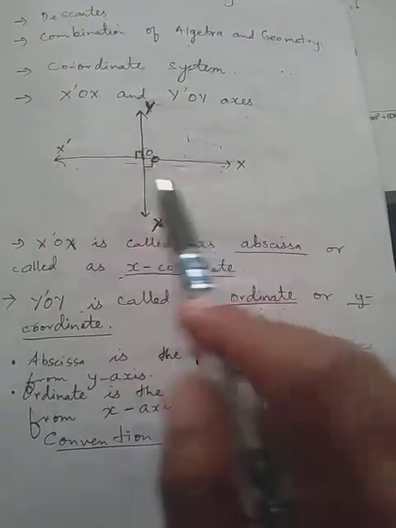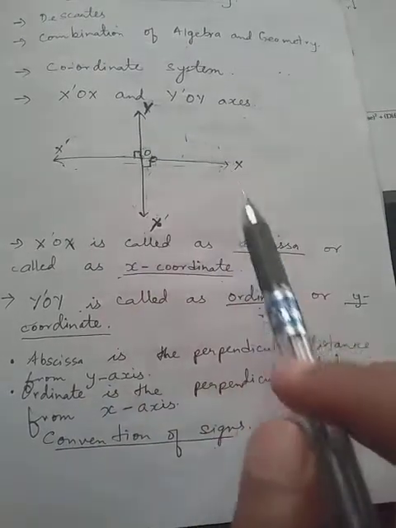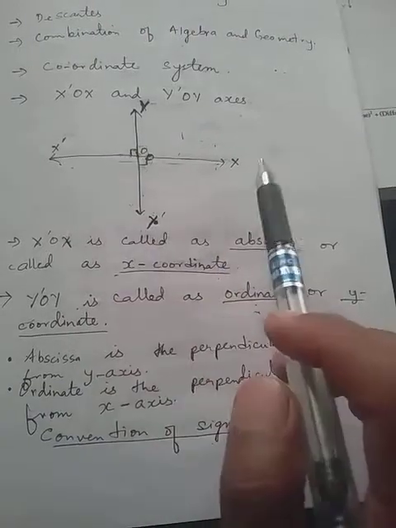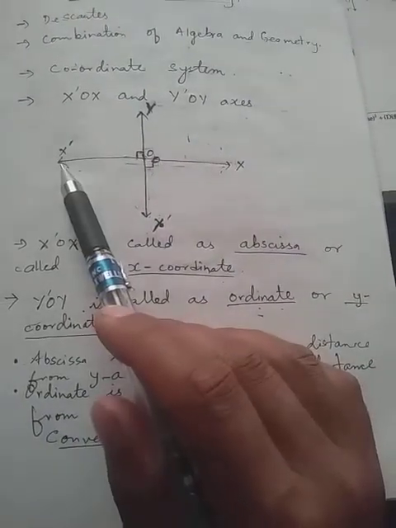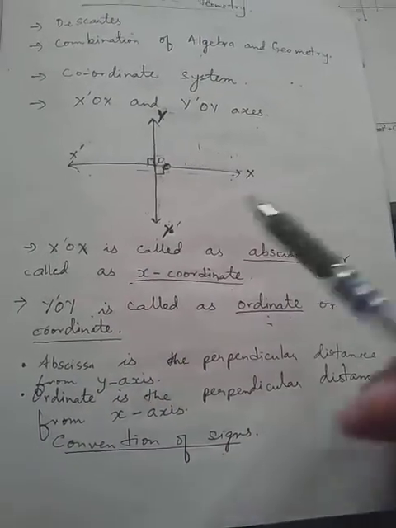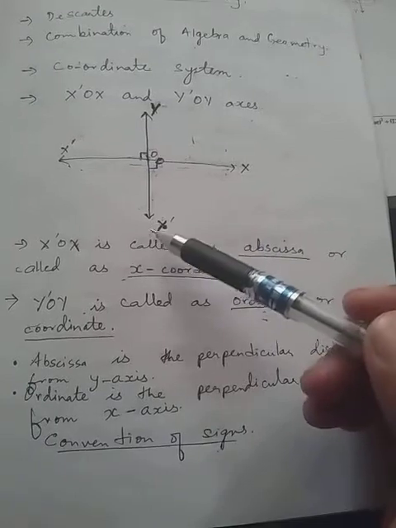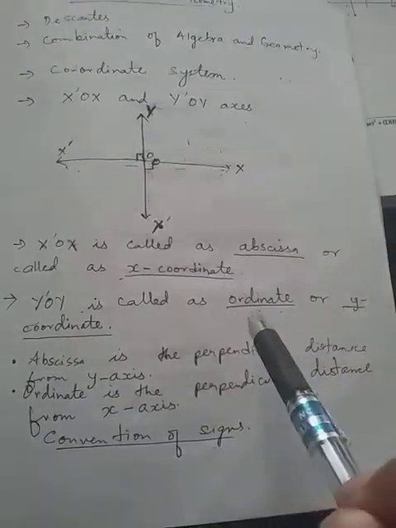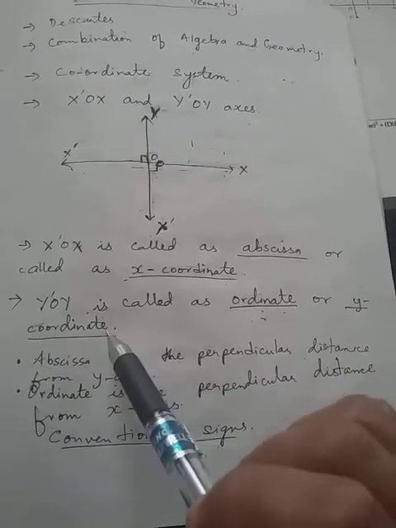The horizontal axis is called the abscissa or the x coordinate. These are called coordinates, x and y. But if we say coordinate, we have to be specific whether it is the x coordinate or the y coordinate. And y, o, y dash is called the ordinate, or y coordinate.